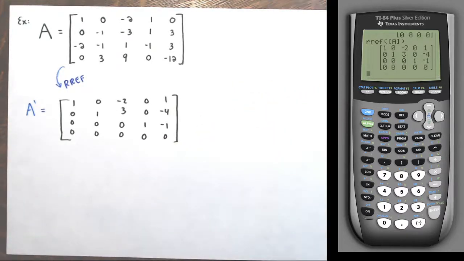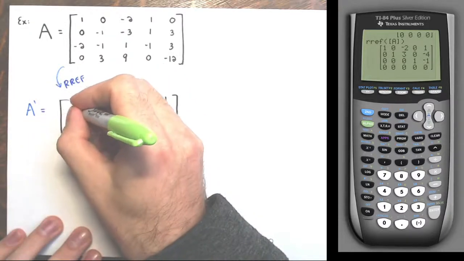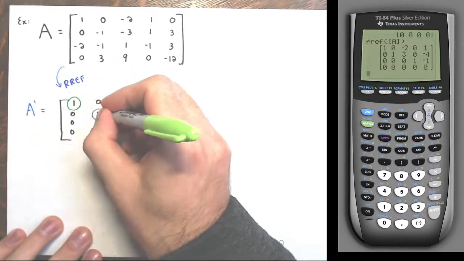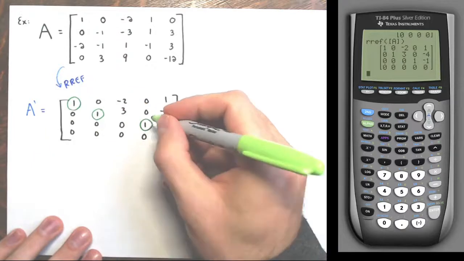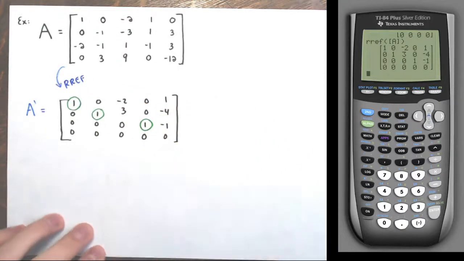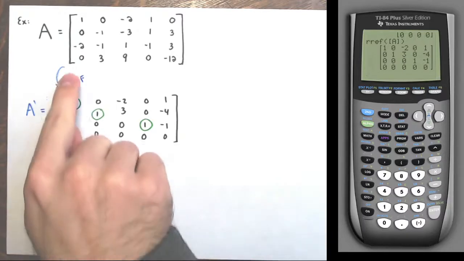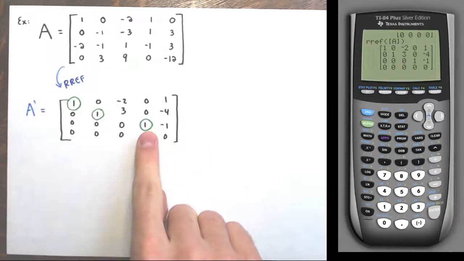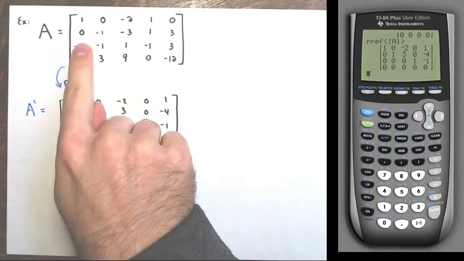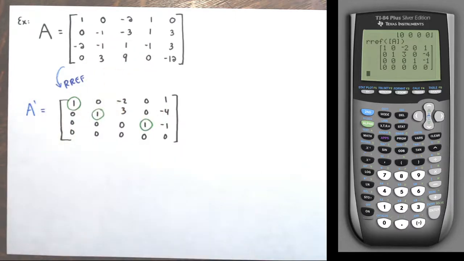Okay, so look at the pivots, these leading ones in the rows. There's one there, and one there, and that's it. There's no leading one in that fourth row. It's all zeros. So the first, second, and fourth column vectors of A form a basis for the column space.